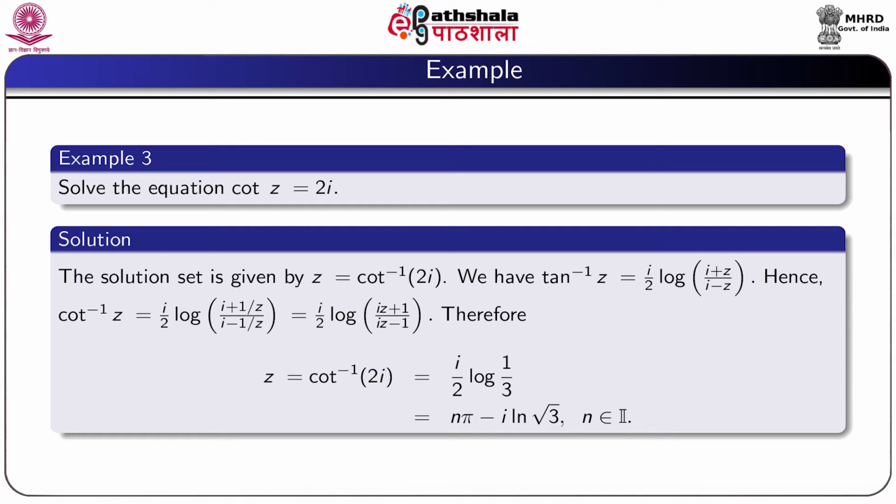Therefore, cot inverse z is equal to (i/2) log[(i + 1/z)/(i − 1/z)], and that is equal to (i/2) log[(iz + 1)/(iz − 1)]. Therefore, z = cot inverse 2i, that is equal to (i/2) log(1/3). Here we just replace z by 2i. Then we obtain z = nπ − i ln root 3, where n is any integer.